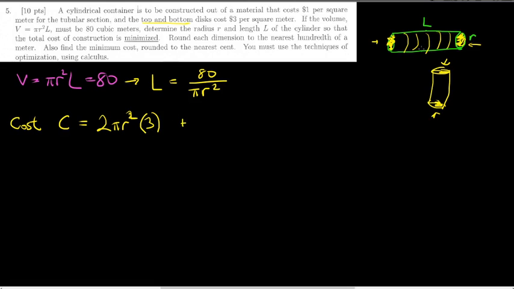And then for the tubular part, the area of that is 2 pi r L. I didn't write it down, but you can look it up. You have the book. Obviously, you can use the book. When you take a test in class, of course, it's closed book, closed notes, everything.